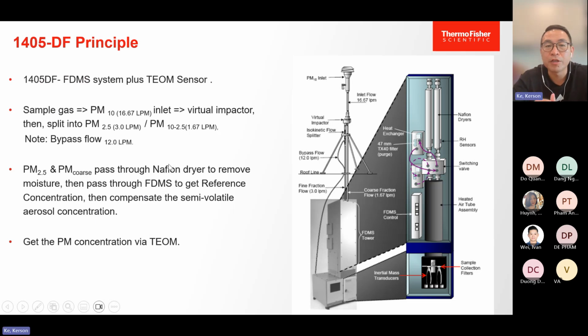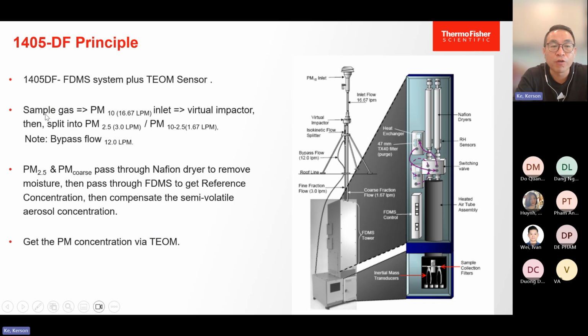So this is the principle. We have the PM10 inlet here. After we collect the sample into this PM10 inlet, there will be a sizer, an impactor or cyclone, to cut all the particle sizes to less than PM2.5.